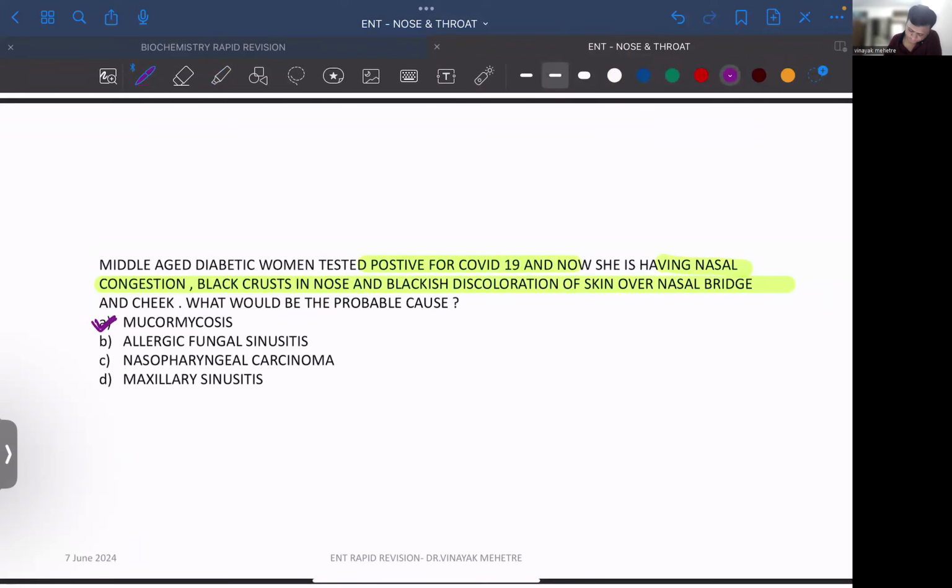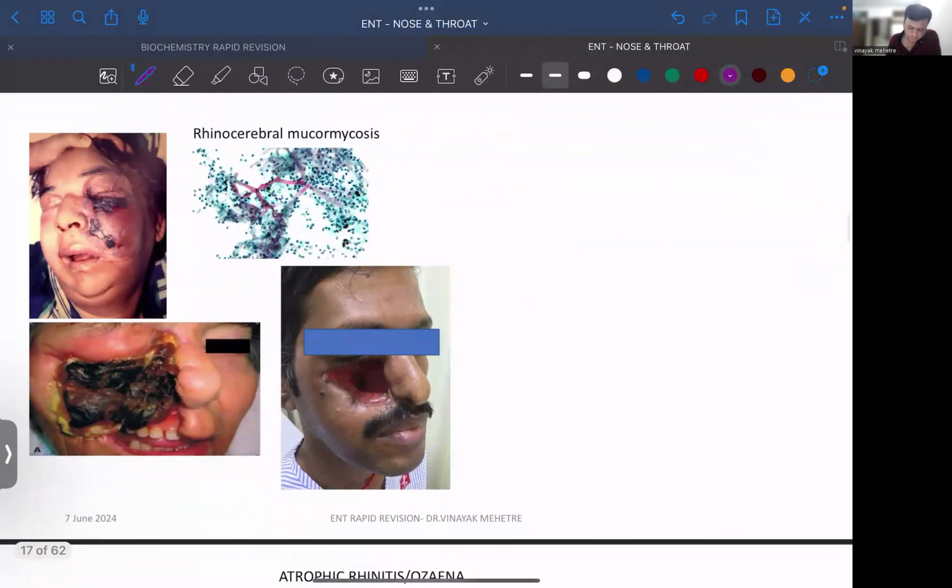Rhinocerebral mucormycosis. Drug of choice is amphotericin B. Amphotericin B, right? But it is not in the option.